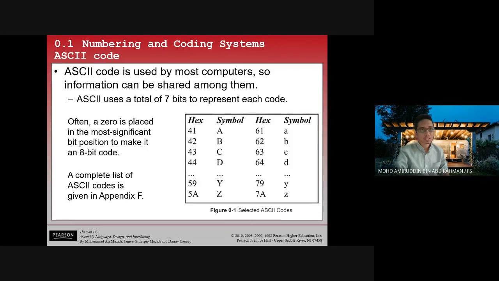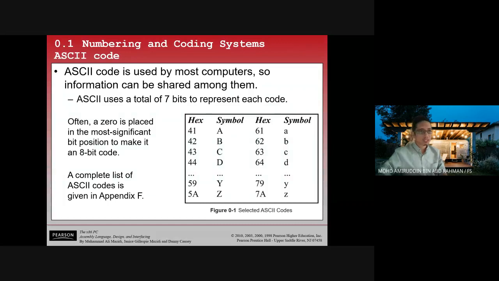All right, so the ASCII code is used by most computers, so information can be shared among them, right? The ASCII uses a total of 7 bits to represent each code. For example, on the right you have the hex. In terms of hex, you have 41, and 41 is considered as A. B is 42, C is 43, D, and so on.